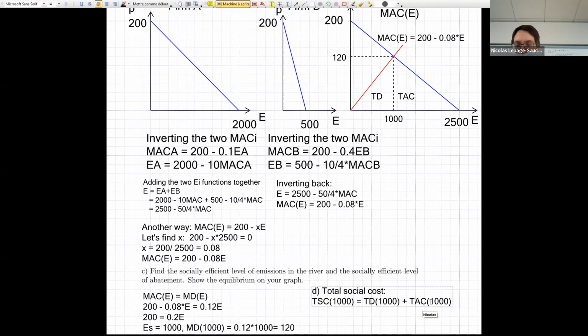So equal to 200 and 2,500 times, and here I have 120 divided by 2. So here, for that you need your calculator. No other way. So please bring your calculator.